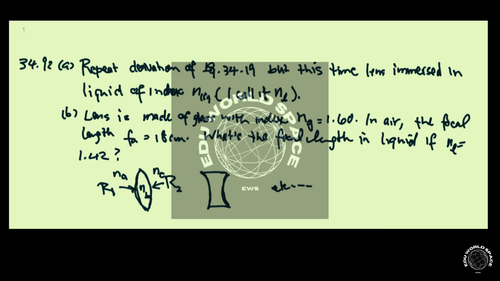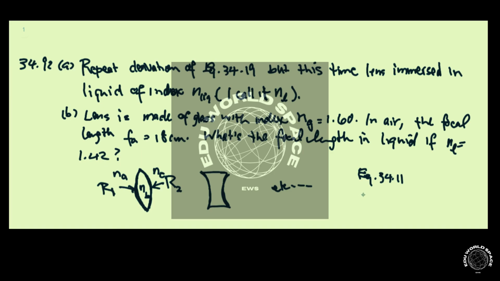So we'll be applying equation 34.11 for each of the interfaces, while also keeping in mind that the image formed at this side will be the object for the other side. We're also assuming that the lens is so thin that the separation between the two interfaces is negligible.